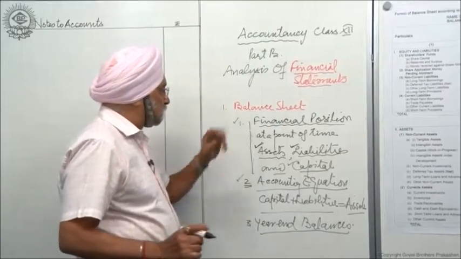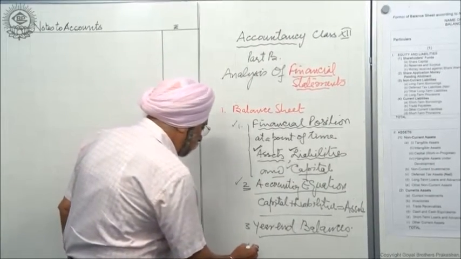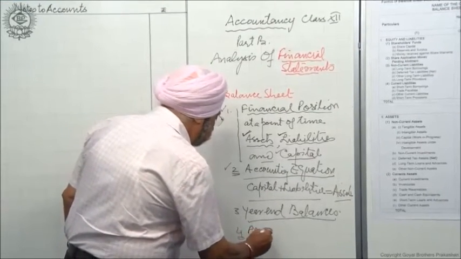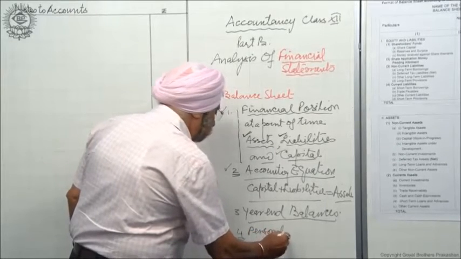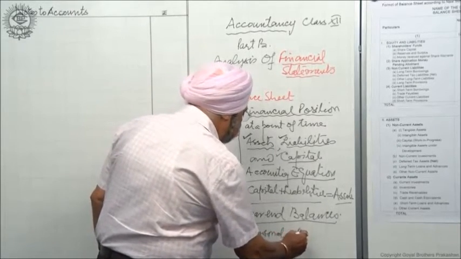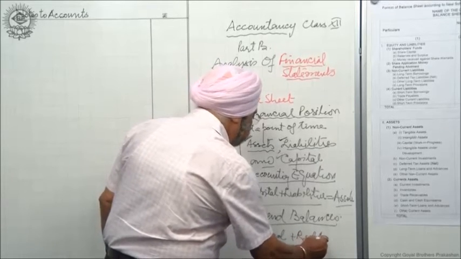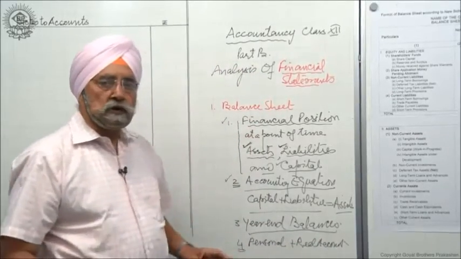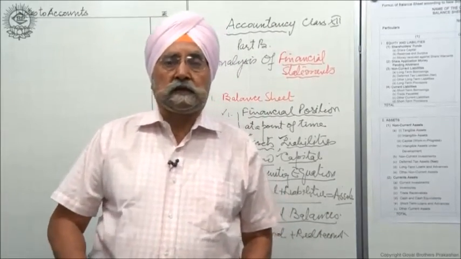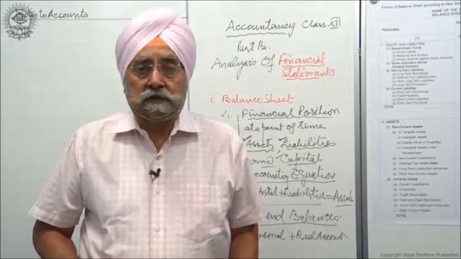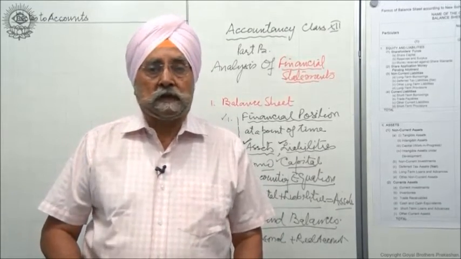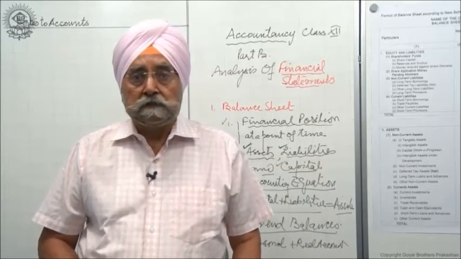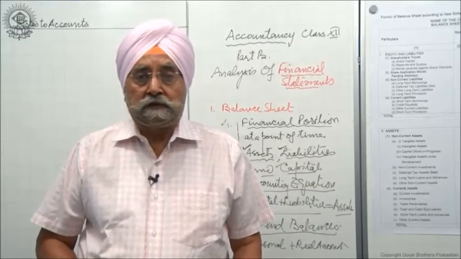Another point about the balance sheet is that it shows only personal and real accounts. Personal like debtors, creditors, borrowings, long-term borrowings, they are personal.